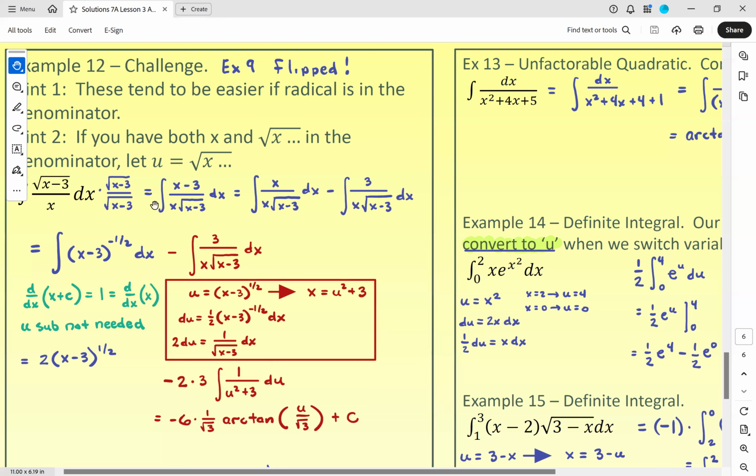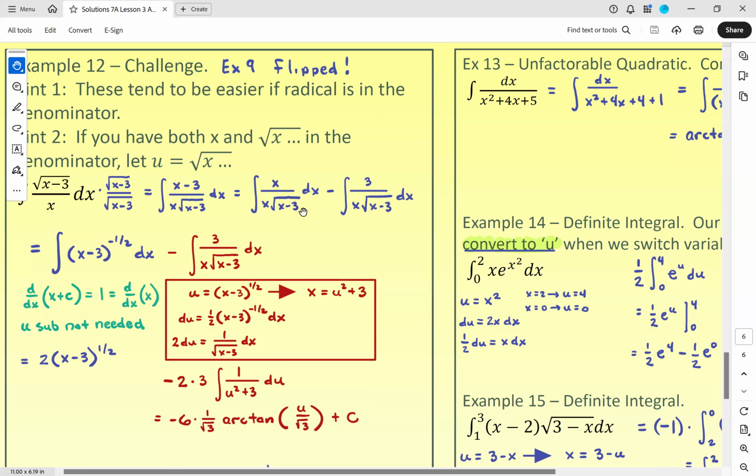Okay. And I'm noticing that my numerator is two distinct terms separated with subtraction, which means we have the option of splitting this up into two integrals. And I do think that's going to make things a little better for us. So that's what I'm doing in the next step.